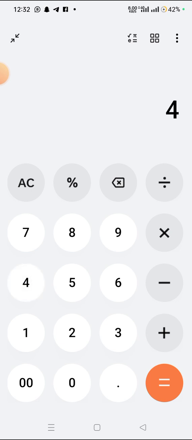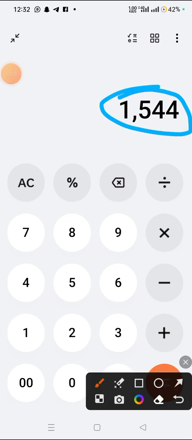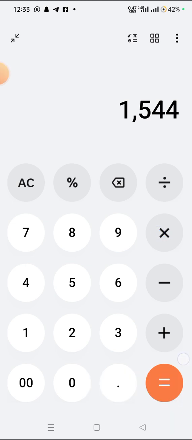So 465 USDC times the rate. Let me do it like this so that you can understand: 1544, this is the dollar rate, $1 to naira, times the amount of USDC we want to sell, times 465.